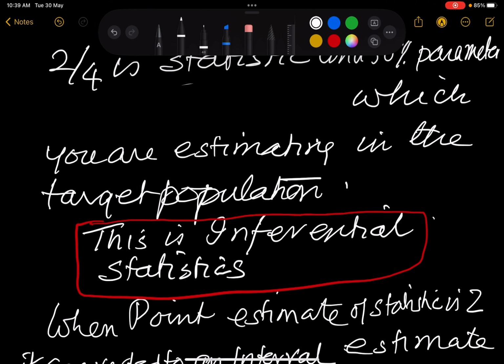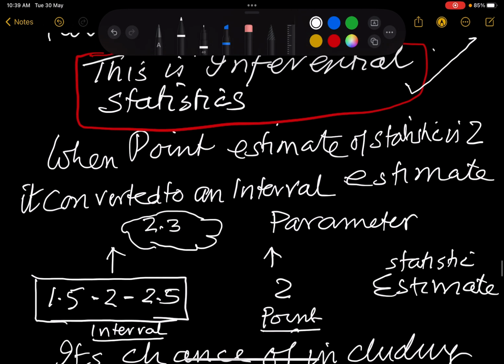This is called inferential statistics. And one of the most important things is that here the number 2 or 50% is a point estimate. So it is in the study population, but maybe in the target population this number may be 2.3. It may not be exactly 50, it may be 53, 54. So if you want to catch the parameter, you convert this point into an interval estimate, 1.5 to 2.5.